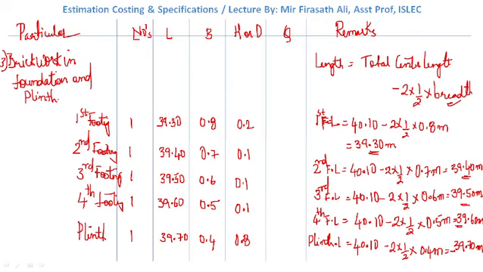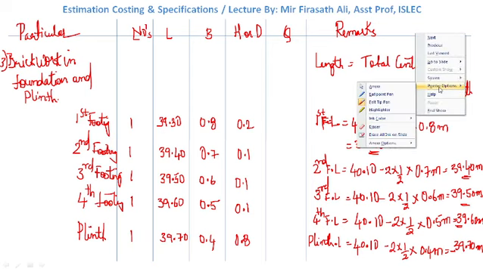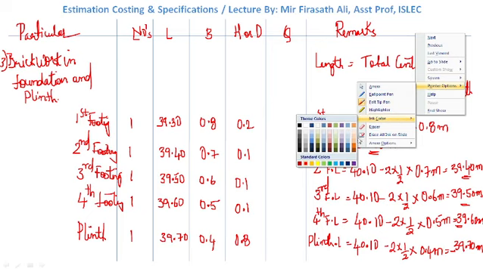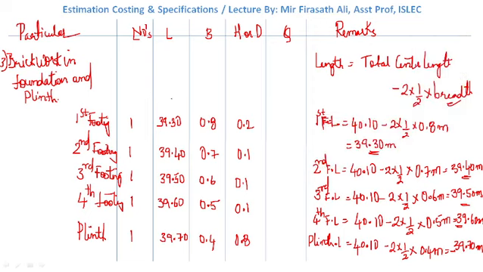Okay. Now what we need to do is multiply all these things. Multiply these values. Which values am I talking about? This complete row: 1 into 39.30 into 0.8 into 0.2.